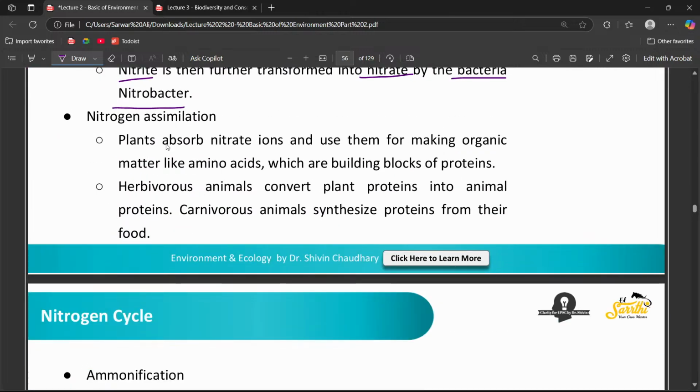Nitrogen assimilation. Plants absorb nitrate ions and use them for making organic matter like amino acids, which are the building blocks of proteins. Herbivorous animals convert plant proteins into animal proteins. Carnivorous animals synthesize proteins from their food.